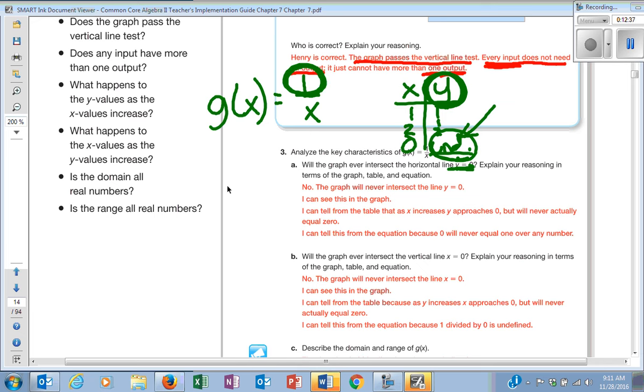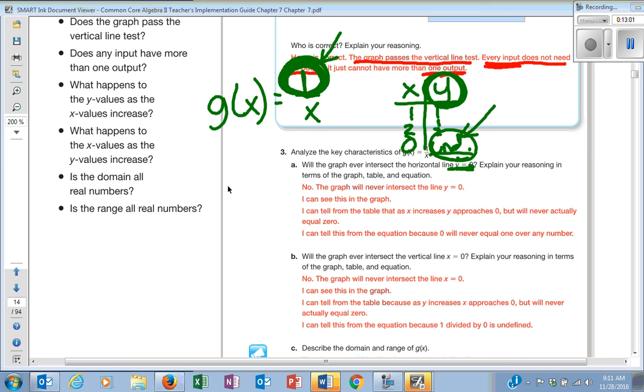In order for a fraction to ever become 0, you would have to be able to make the top 0. Well, is there ever a way for me to make this top 0? No, because 1 is always a constant. So there's never a way for my output to be 0 because I always have something. I have 1. Now, it might be really small.